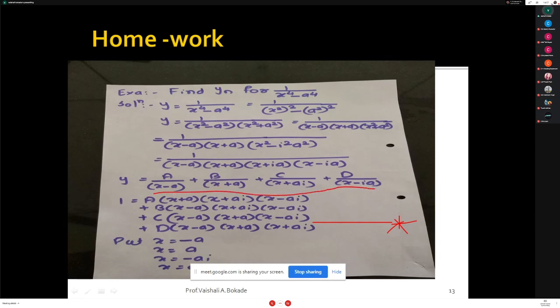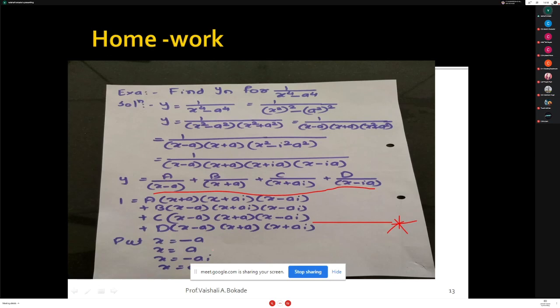You will take the LCM as x minus a into x plus a into x plus ai into x minus ai. Definitely its multiplication will be x raised to 4 minus a raised to 4. According to that, write the proper coefficients of A, B, C and D.